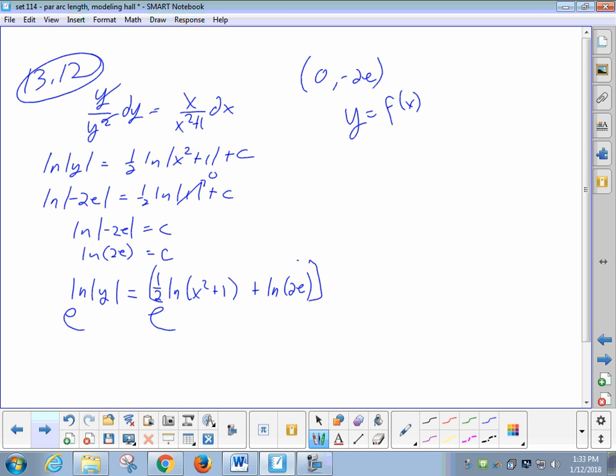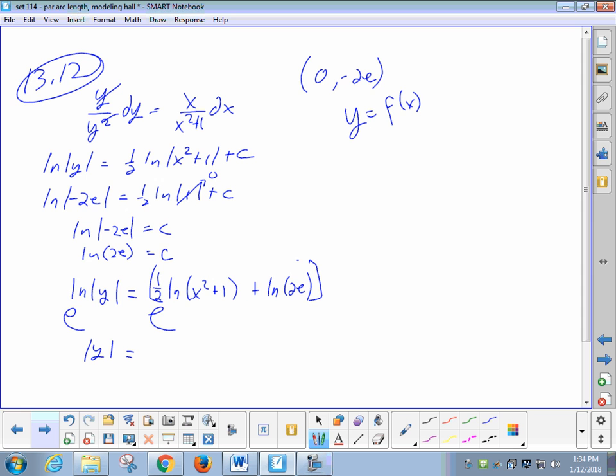All right. The left side is cool. It's the absolute value of y. The absolute value does not just go away because you wish it did. Does this e there knock out the log? Do these cancel? They do not.